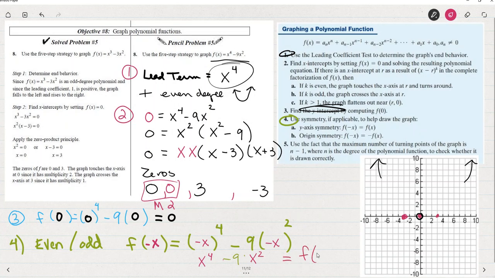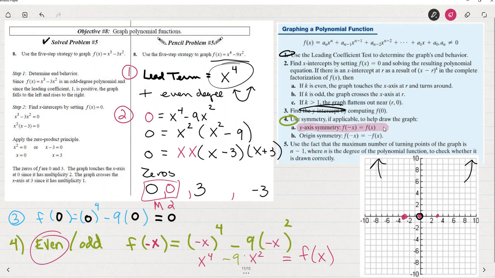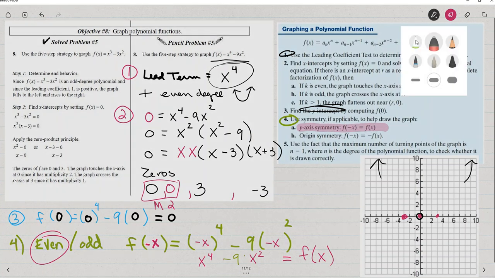F of the opposite of x is equal to f of x. So this is even, meaning there's symmetry here on this axis. The y-axis, everything to the right is going to be the same as what's to the left. We've got y-axis symmetry because the function's even.